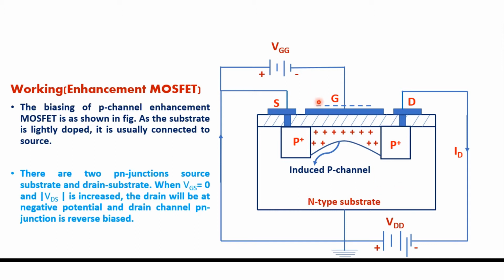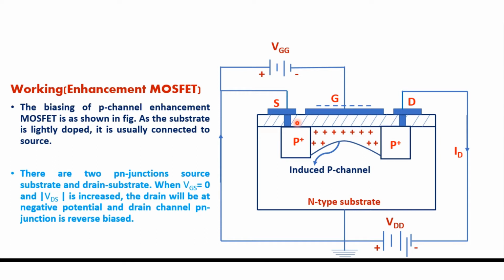These are the negative charges, so an equal and opposite charge, that is positive charge, is induced at the upper surface of this n-type substrate due to capacitor action. That is, positive charge is induced in the channel just below this silicon dioxide layer.